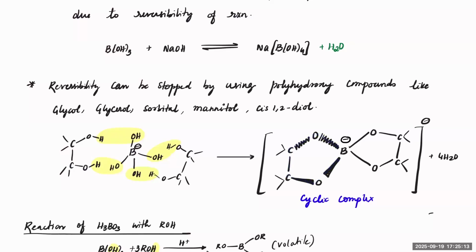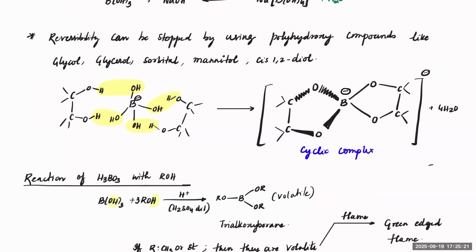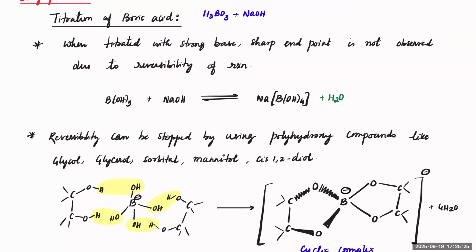See, you remove this water molecule first and make it into a chelated complex. Because of the cyclic complex here, it is now more stable. It does not undergo hydrolysis and make the reaction go backwards anymore. Clear? So the important point is there should be cis 1,2-diol, and these are all cis 1,2-diols.